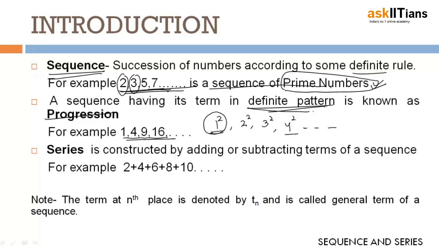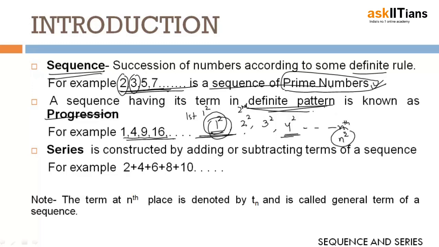The nth term we can clearly write explicitly. How? Whatever the position, the value will be the square of that. So this is the first term, so this is the first position. At the first position the term is 1 square, at the second position it is 2 square. So for the nth term we can write n square.